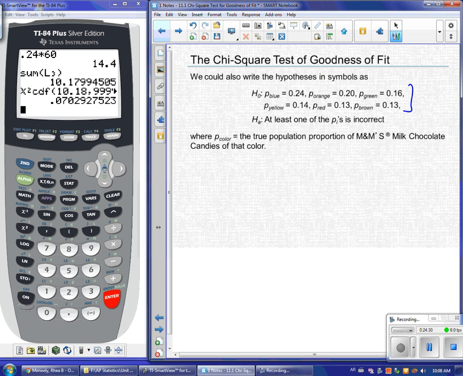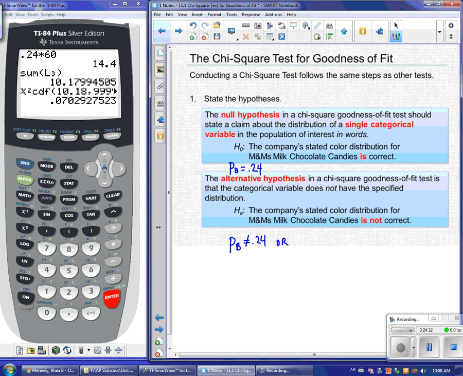The null hypothesis, in words, I think makes a little more sense: that the company's stated color distribution for M&Ms is correct. Our alternative was that it wasn't correct.